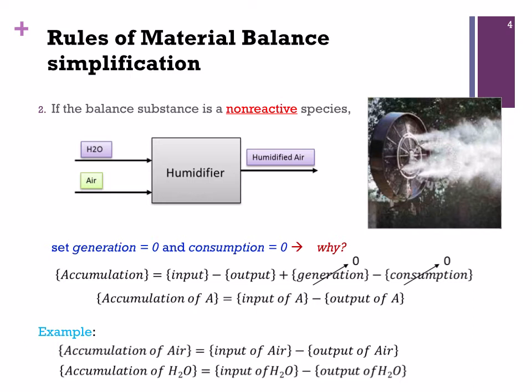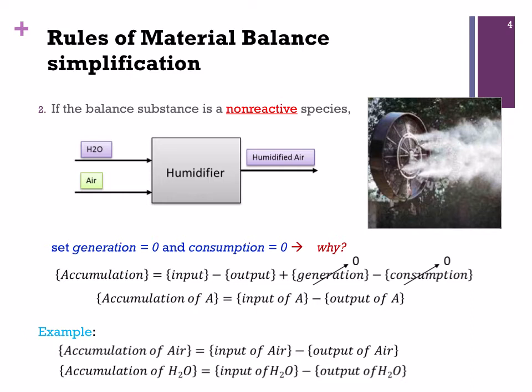Therefore, these two terms are set to 0. So if we do the balance for each compound, for example compound A, the accumulation of compound A will equal how much is put into the system, which is the input of A, and how much is taken out of the system, which is the output of A.